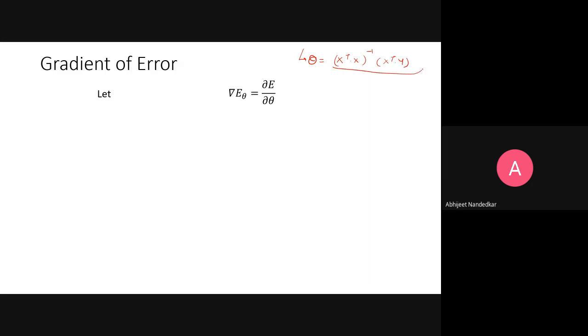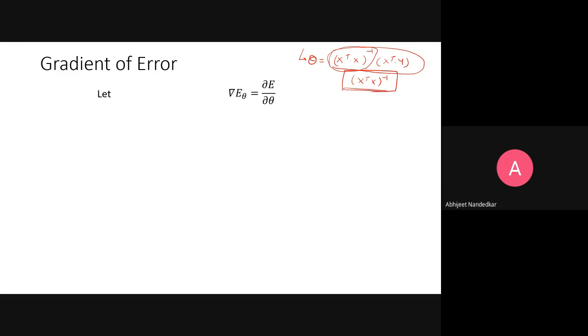But the problem over here is that this quantity must be invertible, that is, x transpose x inverse should exist, otherwise this method will fail. We cannot assure that given data will follow this property.